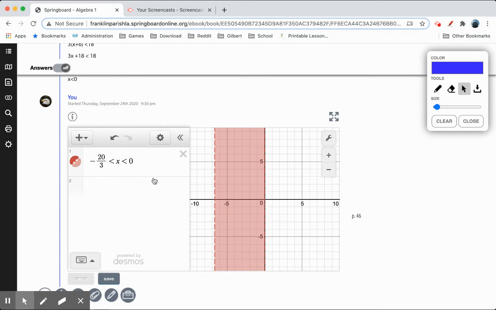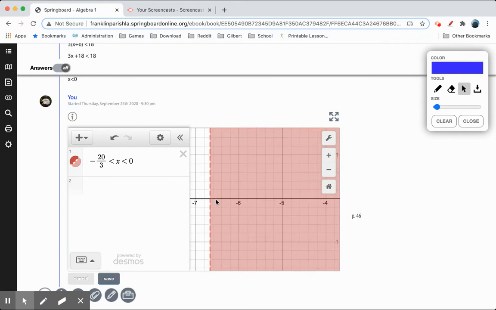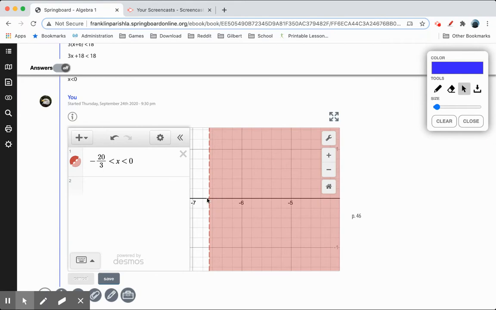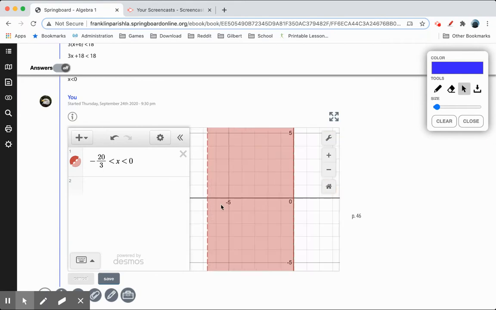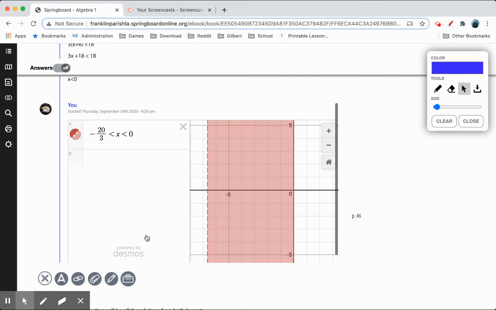Here to here. Remember, negative 20 thirds, that's 3 goes in 20 6 times with 2 left over. 6 and 2/3. See, almost a 7 when you zoom in. Just showing you that the calculator's doing it the way you would think it would. And there we go.